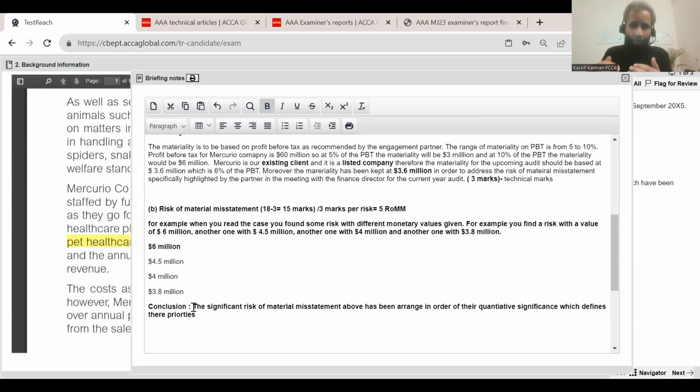So how would you tell the examiner what my basis of prioritization is? My basis of prioritization is that I've just arranged them in order from highest to lowest, and this concludes it.